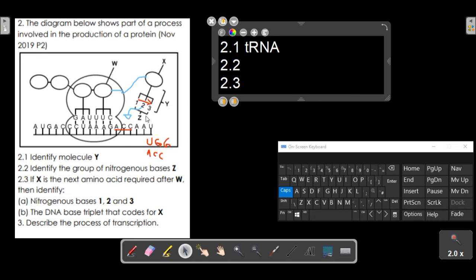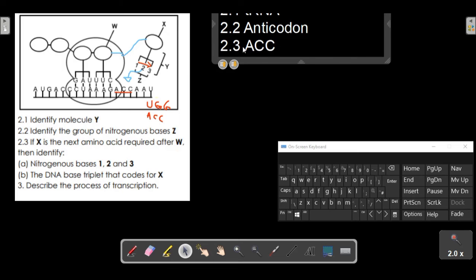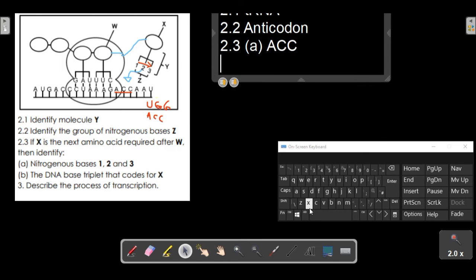Really important. Sorry about that. So we're actually referring to this group. What do we call this group of nitrogenous bases in this tRNA? Of course, we call those the anticodon, attaching onto the codon. And then for 2.3a, we've already tackled that question, answered that question. So let's move on to 2.3b.